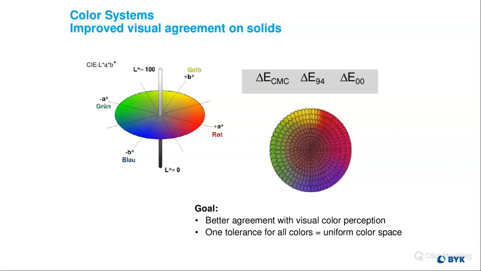You got another question here from Brent. Is there a good way to account for metallic effect in reading colors with a spectro? I would have to say no. The reason being is because metallic effect is very different.